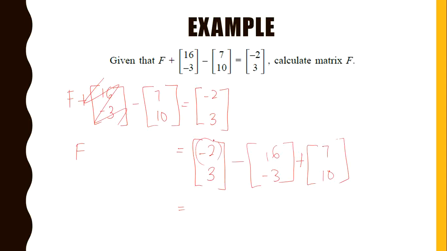So negative 2 minus 16 plus 7, kita akan dapat negative 11. Untuk yang bawah pula, 3 minus negative 3 plus 10, we will get 16. So F, matrix F is negative 11, 16.